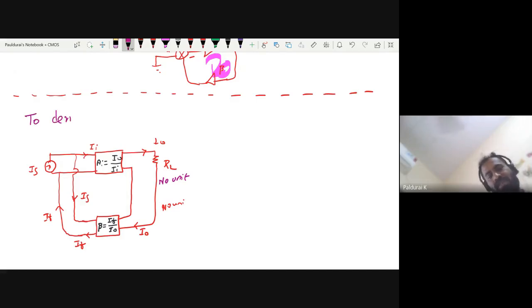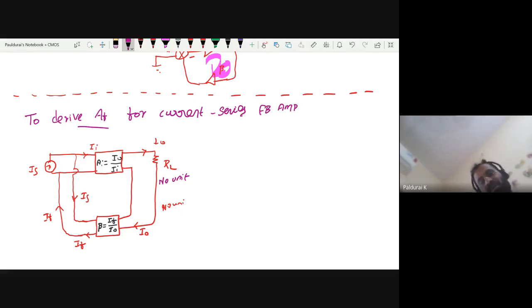To derive, I am writing closed loop gain A F for the current series feedback amplifier. If you derive the closed loop gain, you will automatically get the open loop gain divided by 1 plus A beta, or multiplied by 1 over 1 plus A beta.